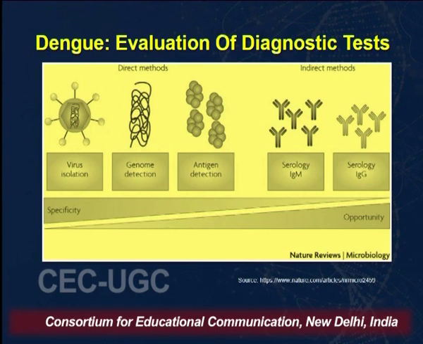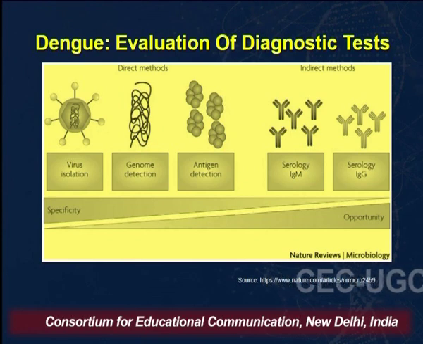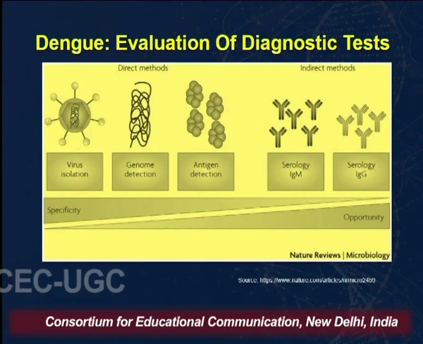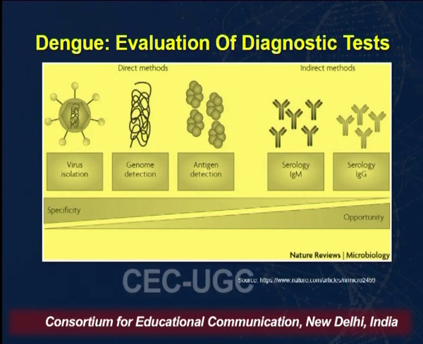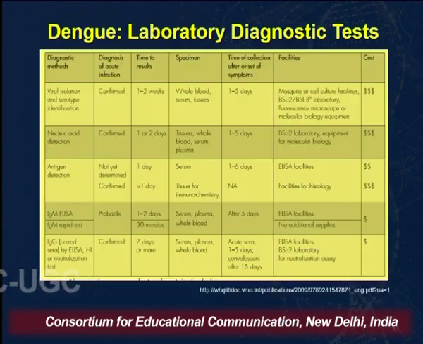The specificity of these direct methods is very high, while in the case of the indirect methods, which include serological IgM and IgG collection, the sensitivity is not very high, but there are better chances that it will be easily detected.